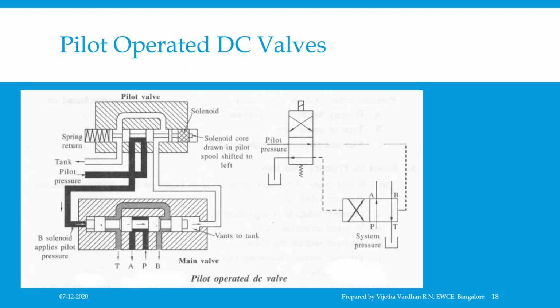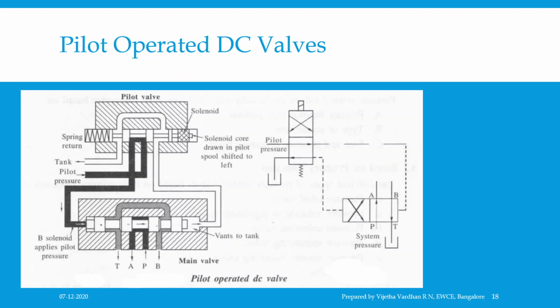Since the main DC valve is being actuated by another DC valve, generally rotary or solenoid type, such a DC valve is called a pilot operated DC valve. It can also be referred to as a hydraulic actuated DC valve.